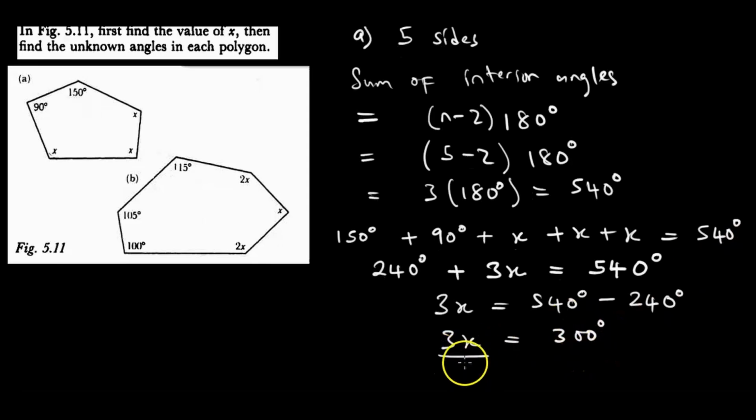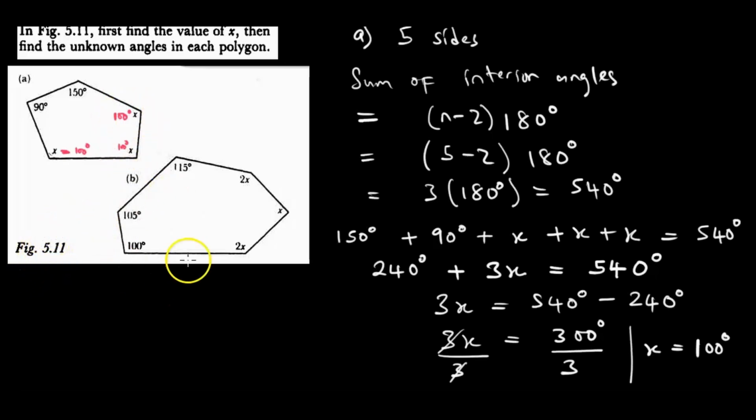So basically dividing both sides by 3 gives us x equal to what? 100 degrees. So if we come here, we can safely say this is equal to 100 degrees, this also 100 degrees, and here also 100 degrees.